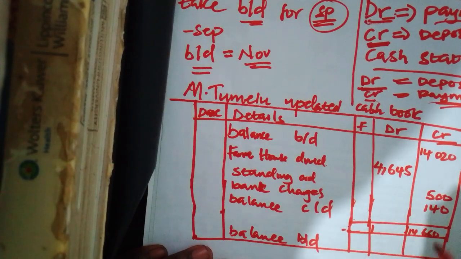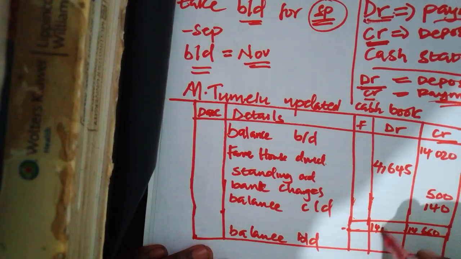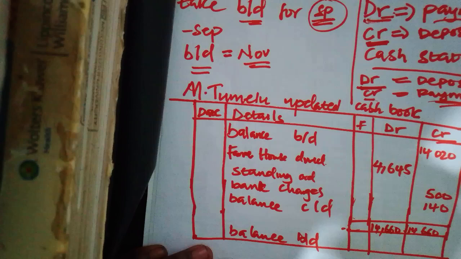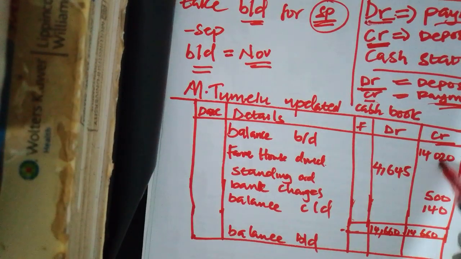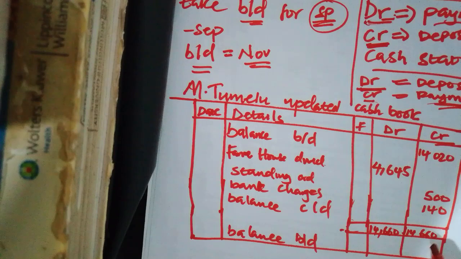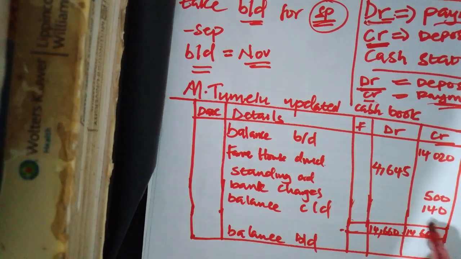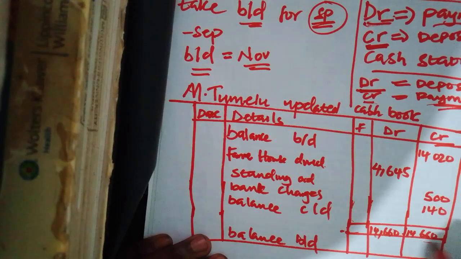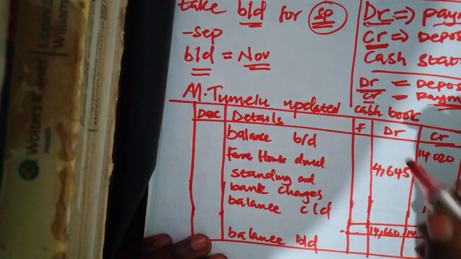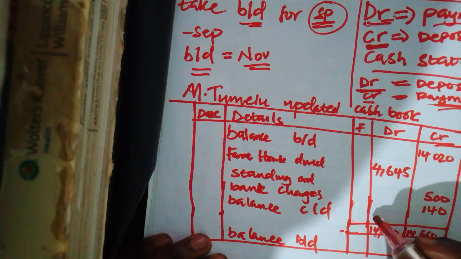Even here you put the same thing, 14,660. Then since this side is greater than this, you subtract the smaller from the greater. So 14,660 minus this, you get what?